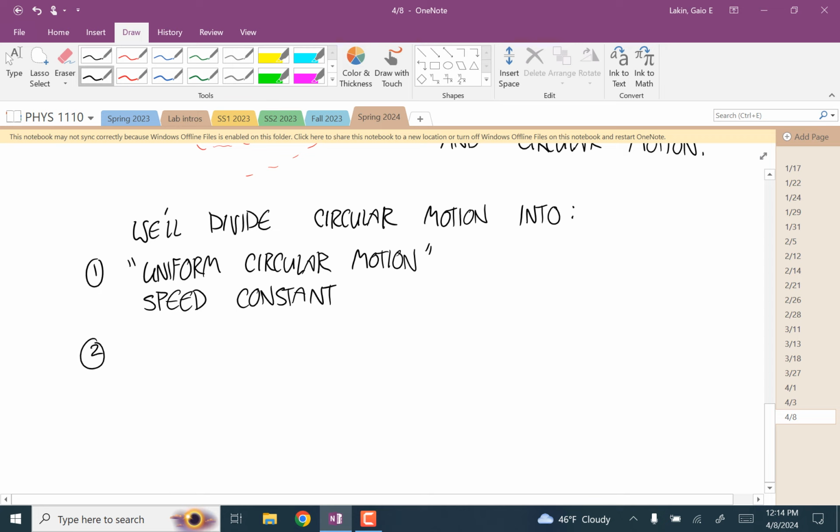And then everything else is called non-uniform circular motion. That's where the speed changes.